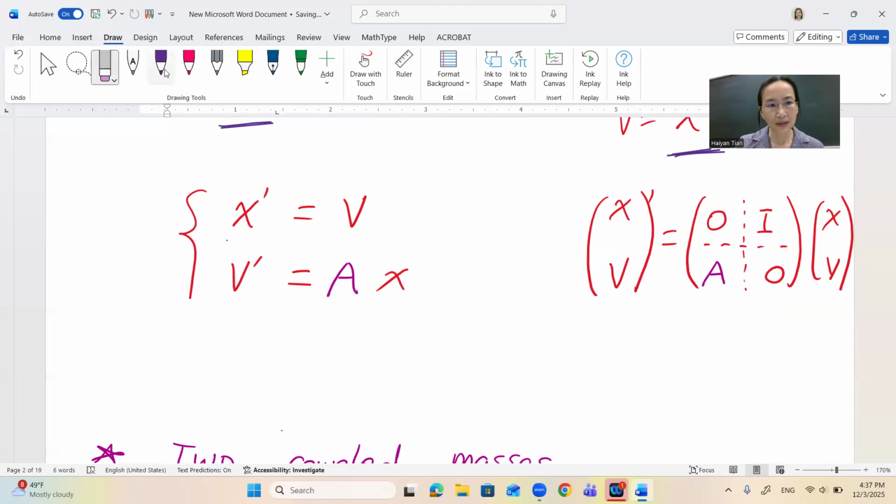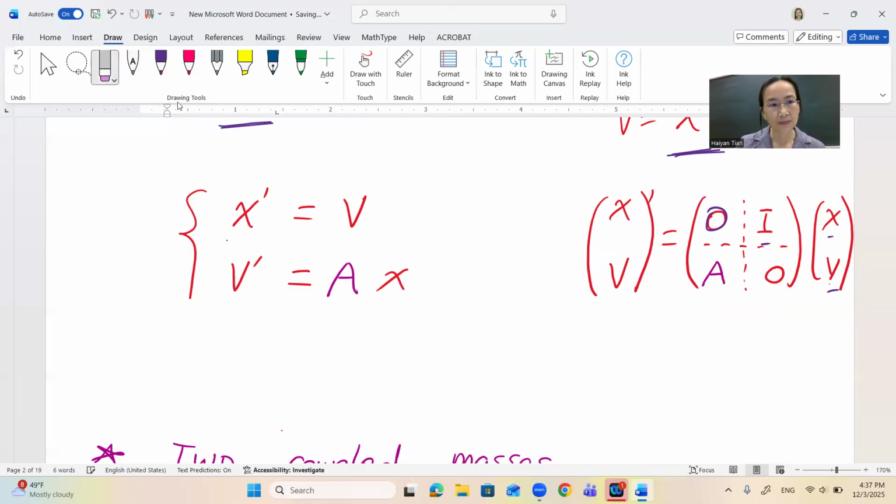Yeah, so this is easy to see because for this, you can see it's a 0 matrix times x plus identity times V. So that's the first equation.